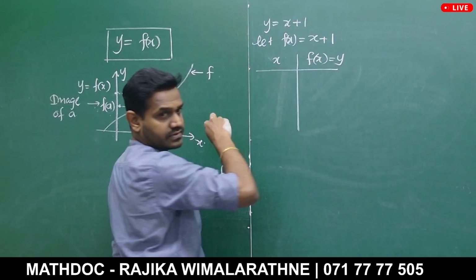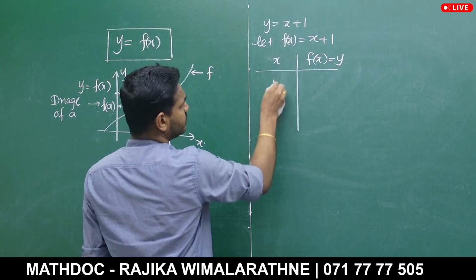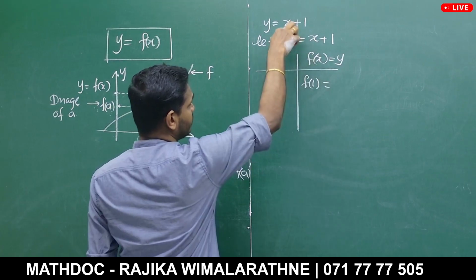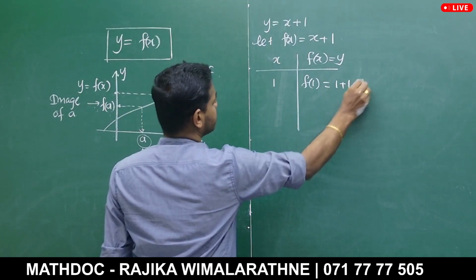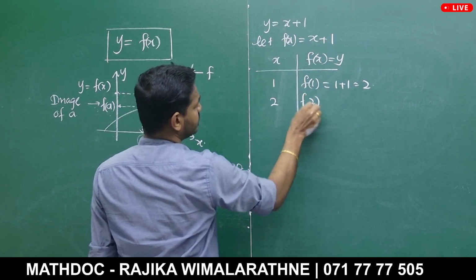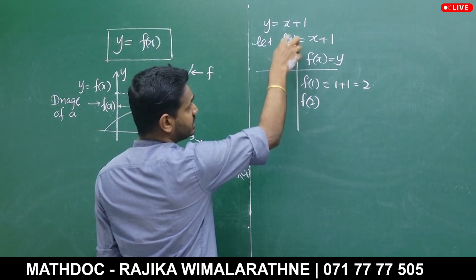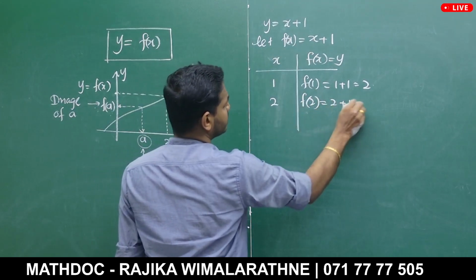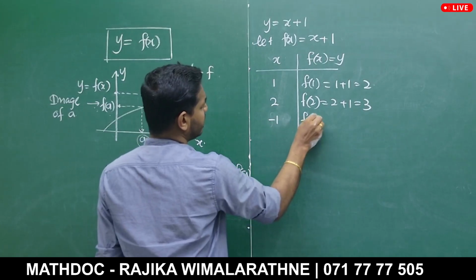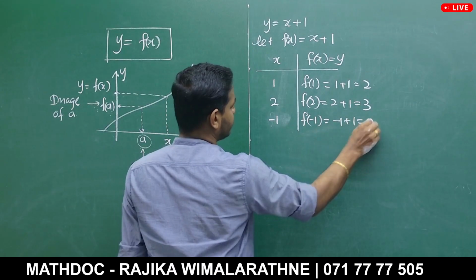So when you put 1 here, f(1) means you have to put 1 here, 1 plus 1. The result is 2. When you put 2 here, f(2), but this notation is new to you. Here you have to replace x by 2, then 2 plus 1, that is 3. When you put minus 1, f(minus 1), we have to put minus 1, minus 1 plus 1, 0.